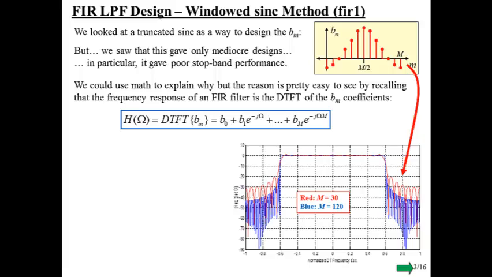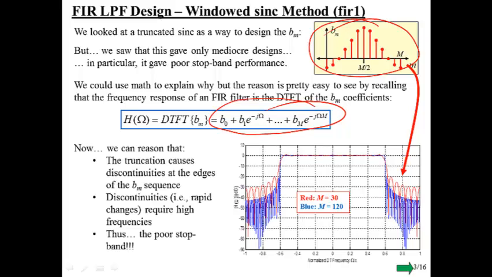If you remember, these values of the coefficients define the frequency response of our filter, and we can get that easily through freqz as well. But the fact that our frequency response is a DTFT of this signal, so to speak, and we see that we have these sharp edges on our signal.